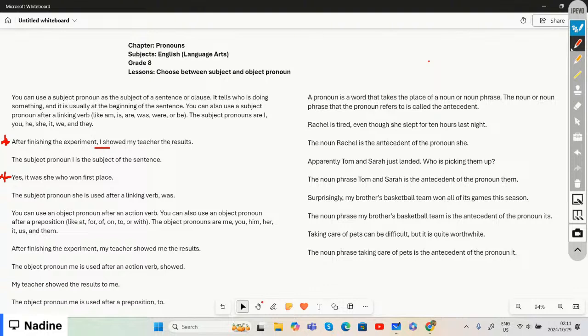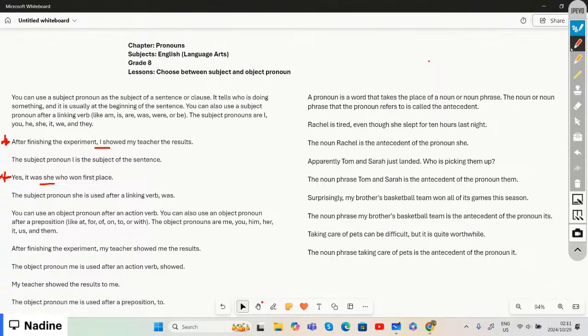In the second one, it says, yes, it was she who won first place. And she is our subject pronoun. She is used after a linking verb, and the linking verb is was.